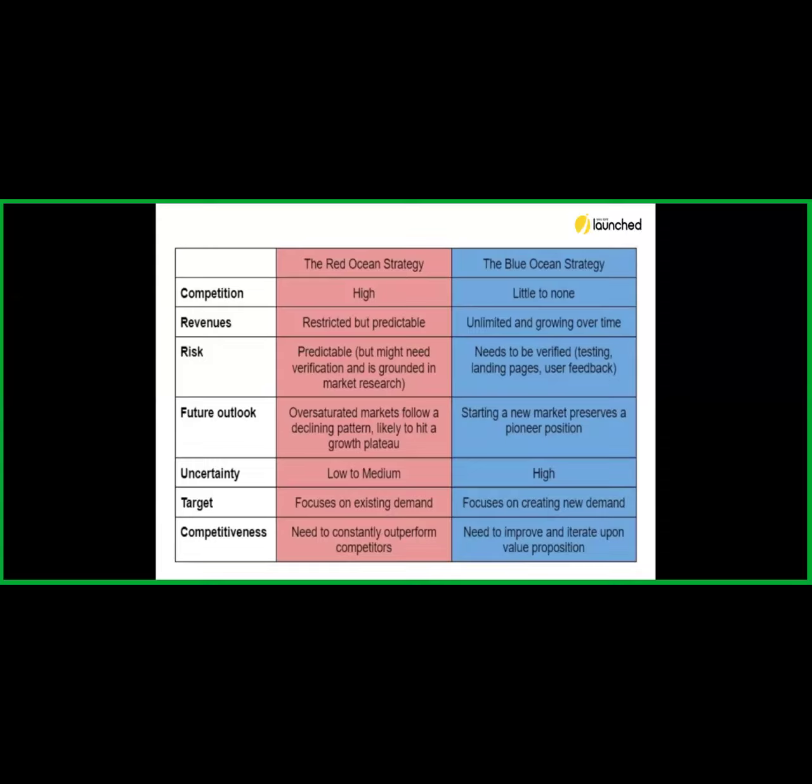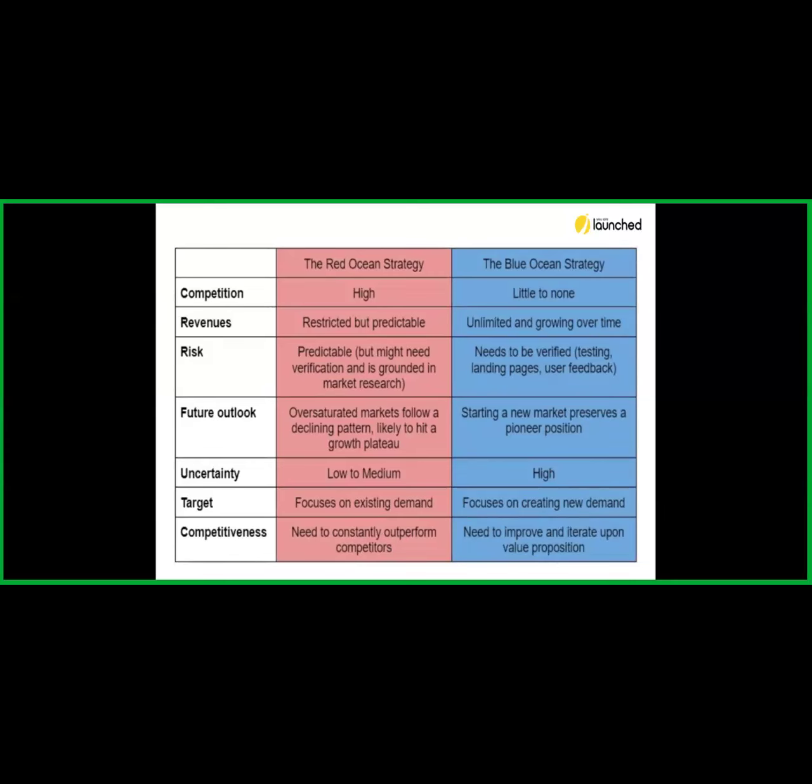Red ocean means that the ocean has become saturated, because in that particular sector there is high competition. When the competition is more, it has led to saturation. So competition is high in red ocean strategy, and little or none in blue ocean strategy.